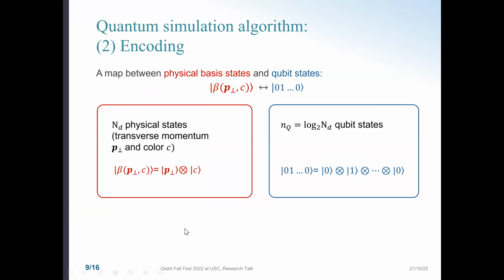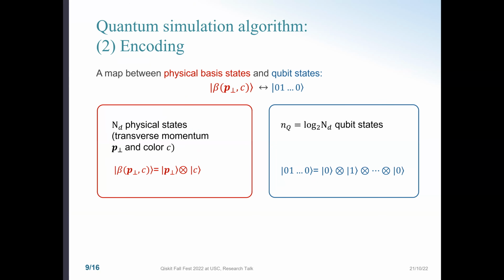So the encoding is just a mapping from the physical basis state to the qubit state. The physical state here we are interested in has different transverse momentum modes, and also the colors. This is not the actual visible color, but you can think about it as a quantum number, here corresponding to 0 and 1.